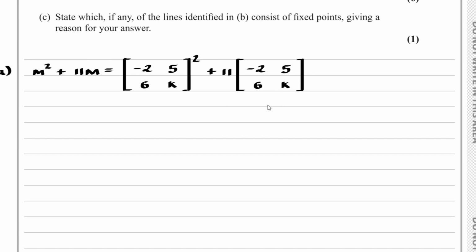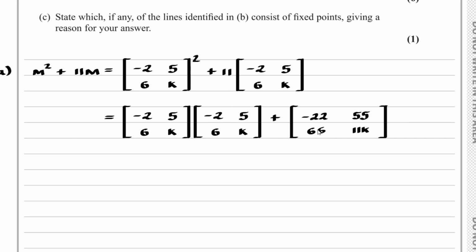Let's work this out. Well, we have (−2, 5; 6, k) squared shown here, and then we add on 11 times (−2, 5; 6, k), which is (−22, 55; 66, 11k). Now let's work this out. We have −2 times −2 plus 5 times 6, which is 34.